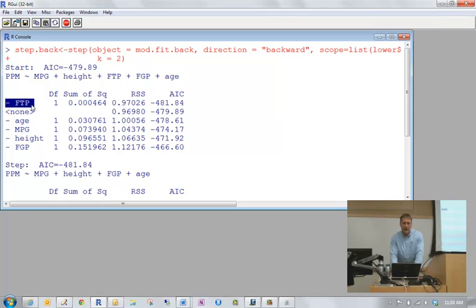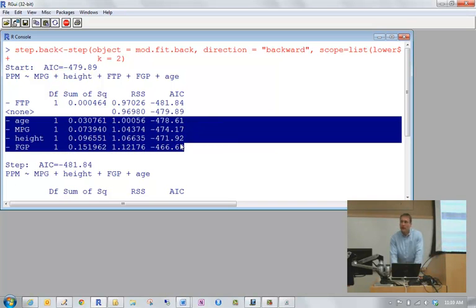What happens if I remove FTP and look at a model with all the remaining 4 variables in it? My AIC goes down to negative 41, so that says that it looks like the model improves when you remove FTP. If I remove age, my AIC actually goes up. So you don't want to remove age, and you don't want to remove any of the other variables.